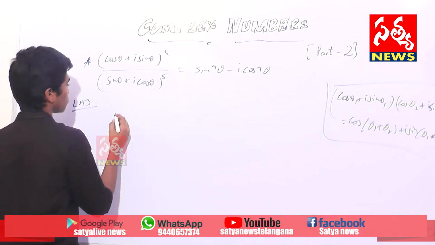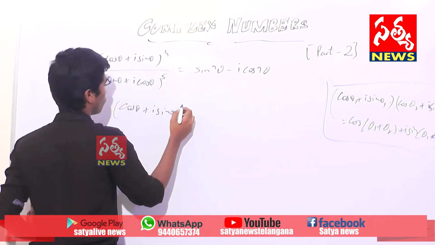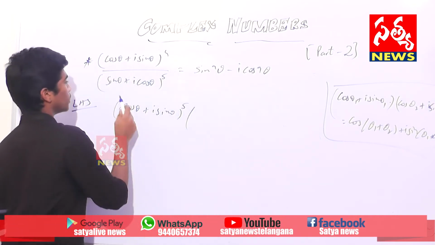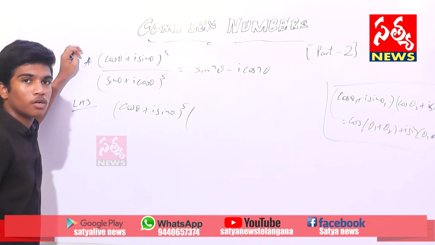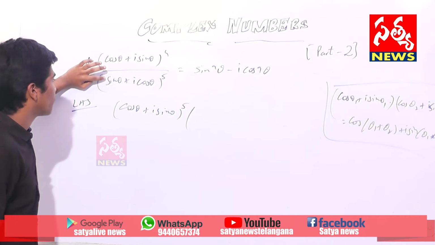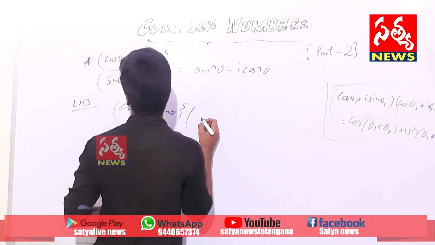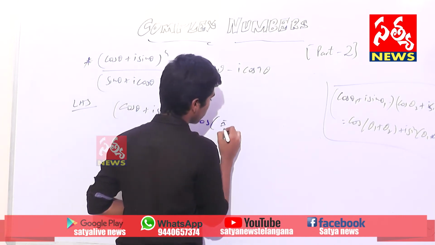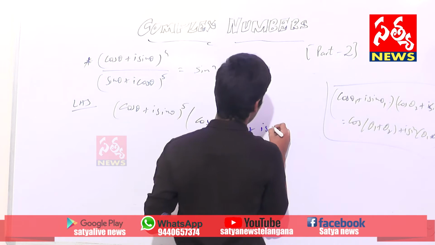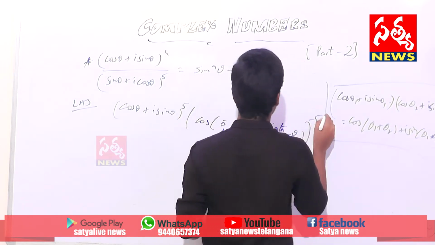Now, take the LHS: (cos theta plus i sin theta) whole power 4 by (sin theta plus i cos theta) whole power 5. See here, the complex number is represented as cos theta plus i sin theta, but here we have sin theta plus i cos theta. To change the trigonometric ratio, I am going to write cos of (pi by 2 minus theta) plus i sin (pi by 2 minus theta), whole power minus 5.